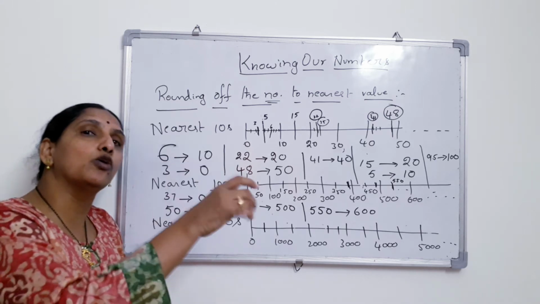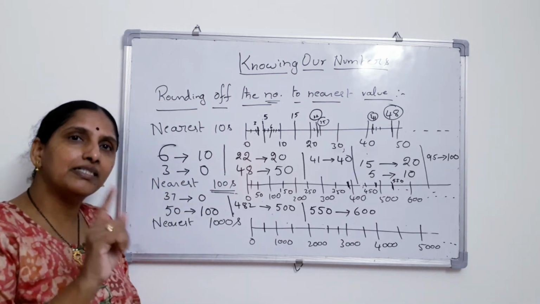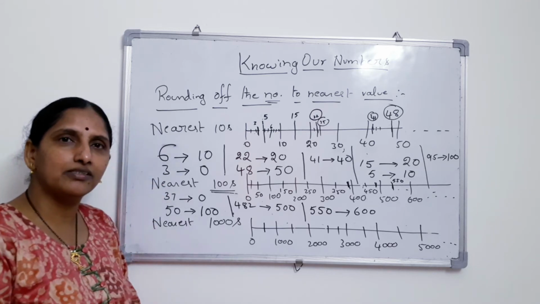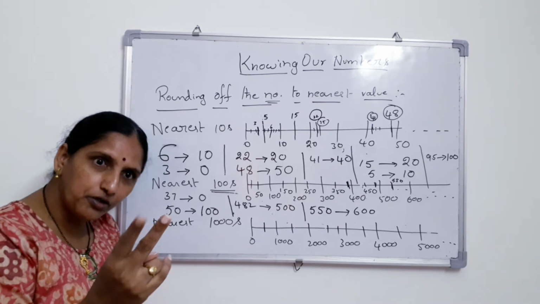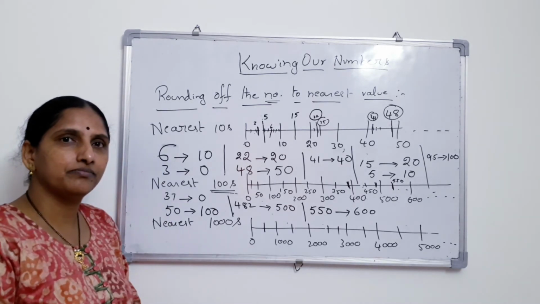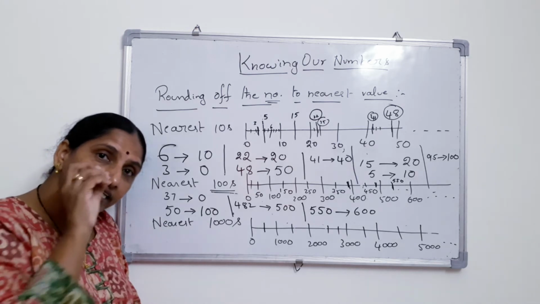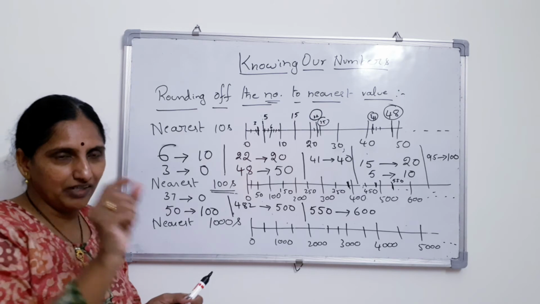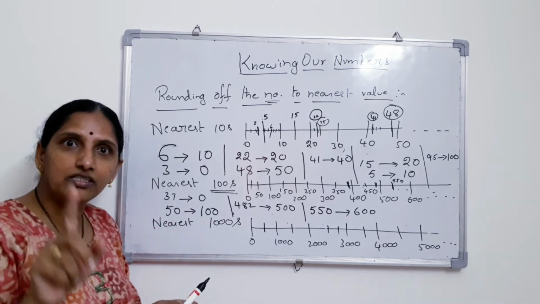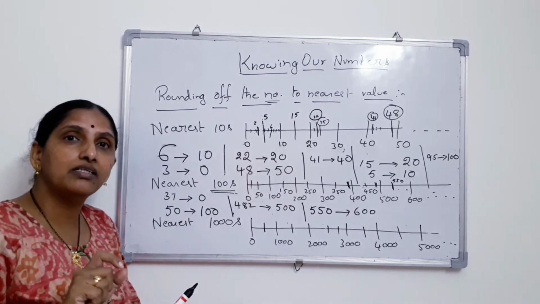Now suppose in the olden days, when there were 1,000 rupees notes, your mother gave you 1,000 rupees and your father gave you two 500 rupees notes. Did they both give the same amount? Yes, because 500 plus 500 is 1,000. So what is the mid value between 0 and 1,000?